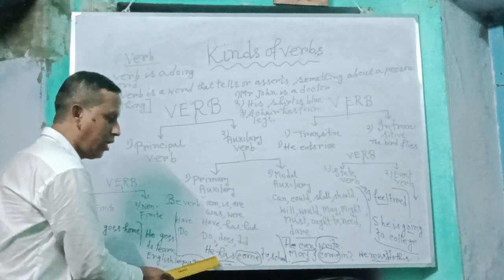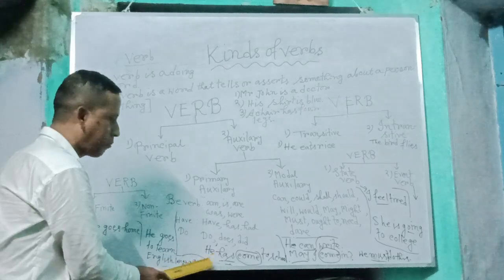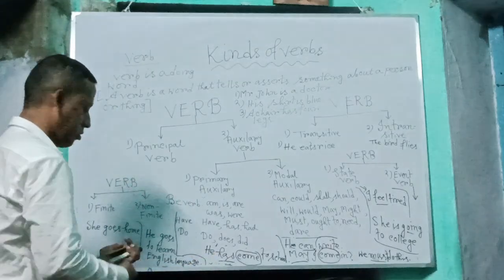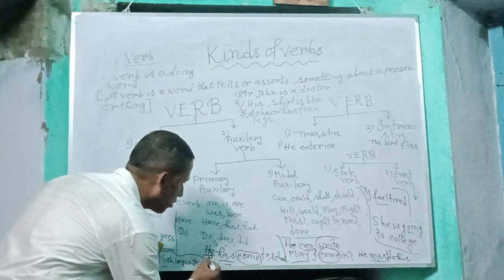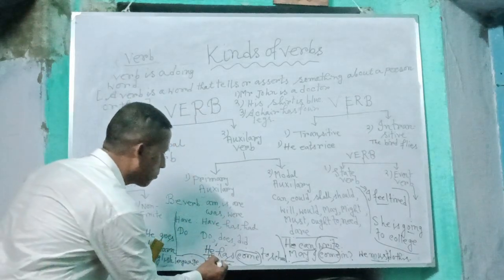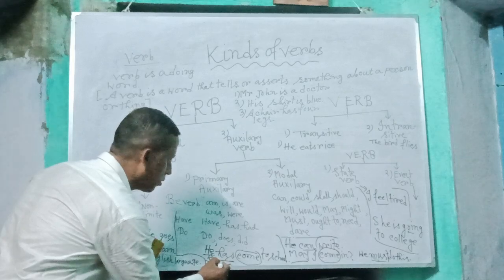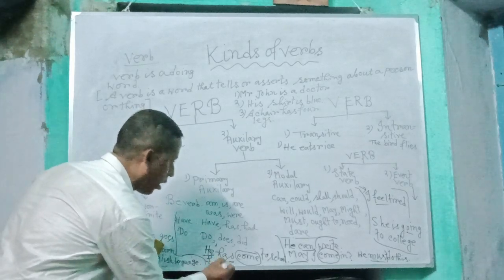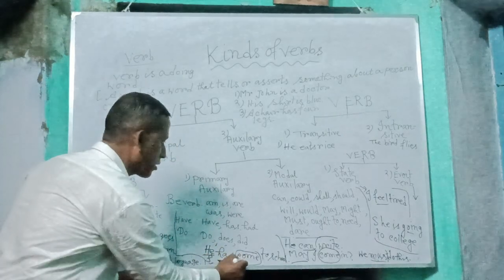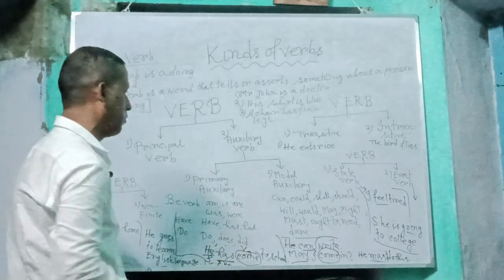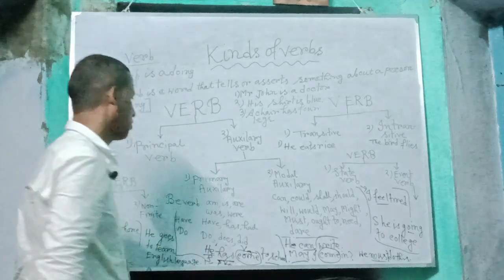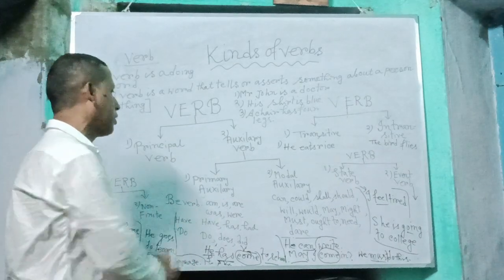Here the third person singular subject is he. Have or has is the helping verb, the primary auxiliary. Here V3, the past participle form of the main verb, comes. So he has come to school is the primary auxiliary.